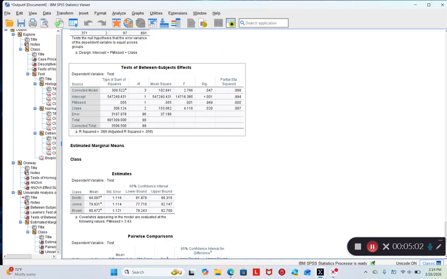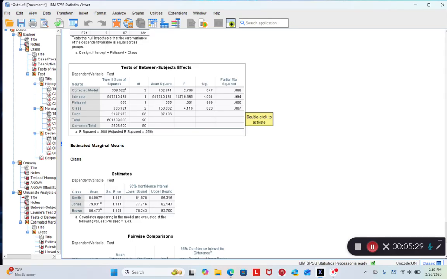Then we go to our tests of between-subjects effects. We're looking at our significance for class right here. For our class, there are 2 degrees of freedom and 86 error, but the main thing we're looking at is the significance, 0.020.